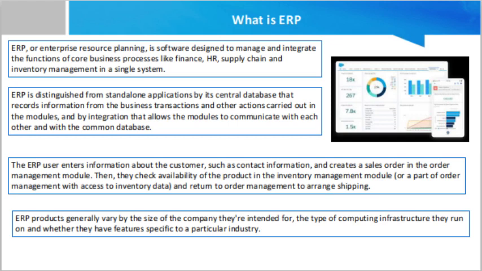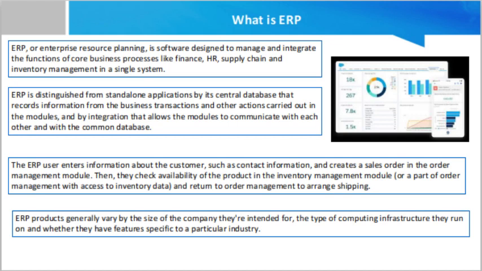Now, how does the ERP system actually work? Friend, ERP is distinguished from a standalone application by its central database that records information from the business transactions and other actions carried out in the modules, and by integration that allows the modules to communicate with each other and with the common database.